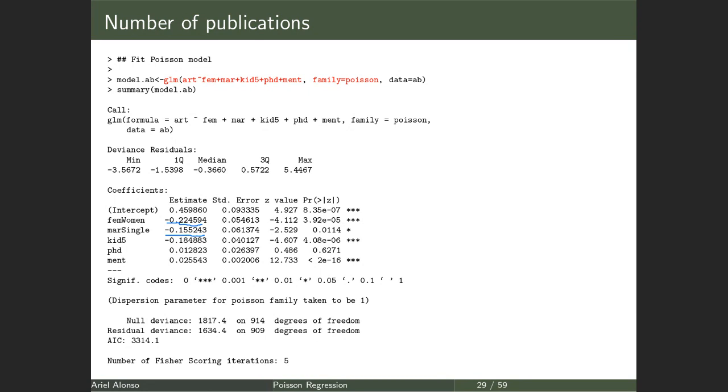You see here the p-value, highly significant. And you have here also that the number of small children affects in a negative way the number of publications. Everything that seems also to be plausible. A very highly significant p-value. The prestige of the program doesn't have any impact whatsoever. And the number of publications of the mentor does have a positive impact. So the larger the number of publications of the supervisor, the larger the number of publications of the student, and that's highly significant. So these are the conclusions from the model.